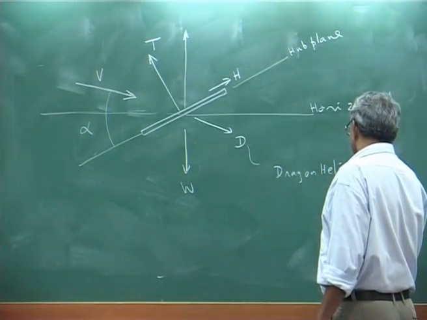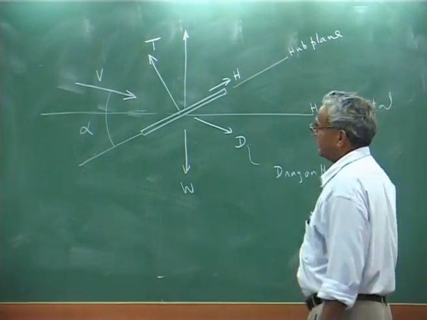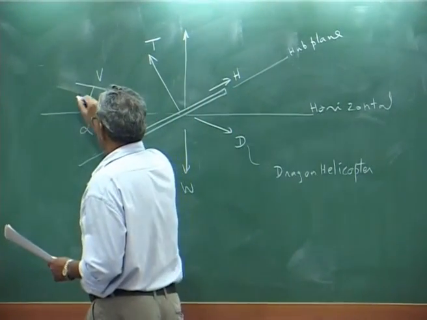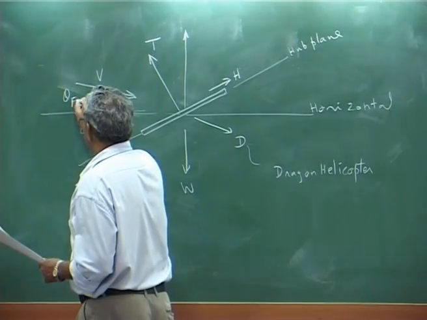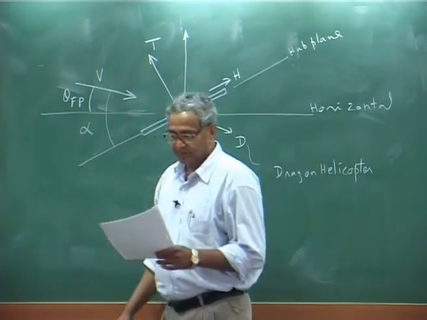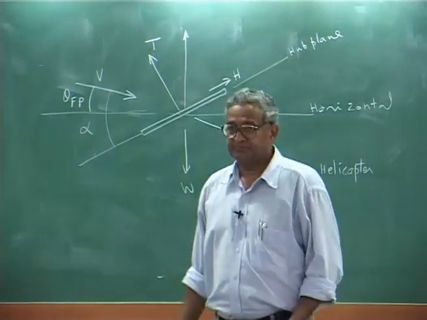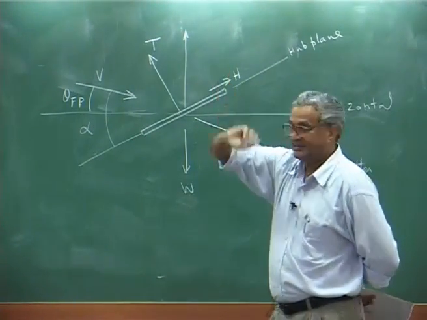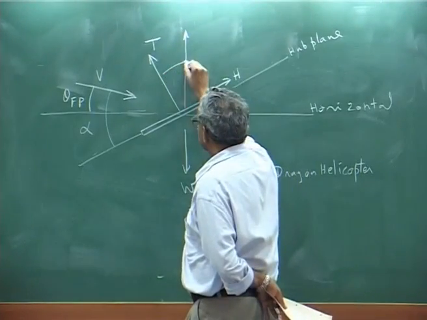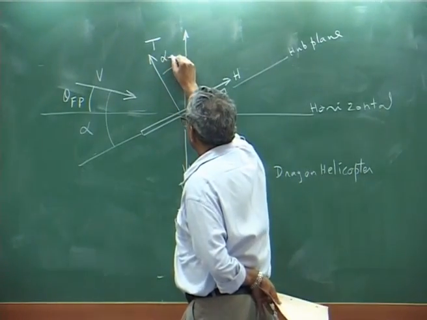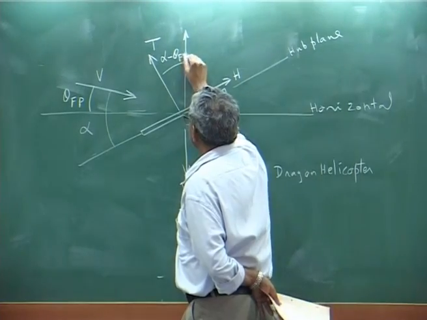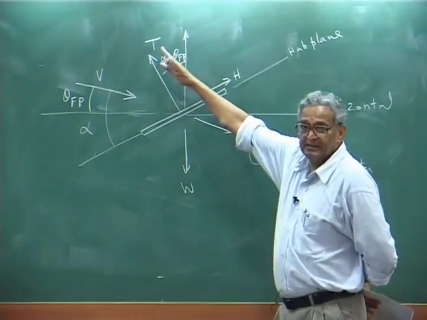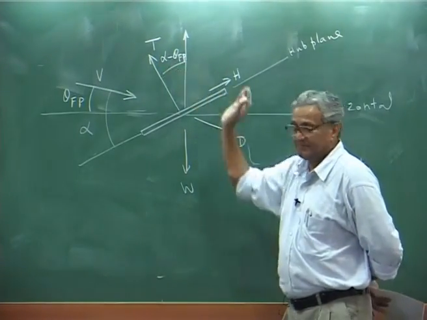Now, I am going to call this theta f p, the flight path angle. This is the flight path, and this is alpha minus theta f p, because the tilt is only that much.